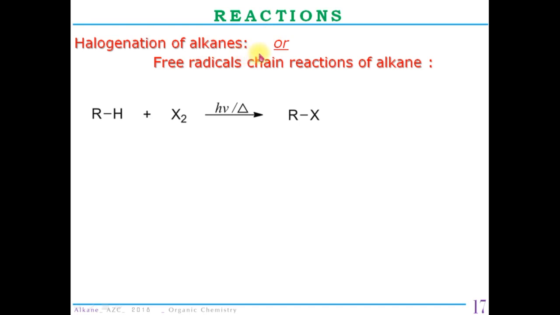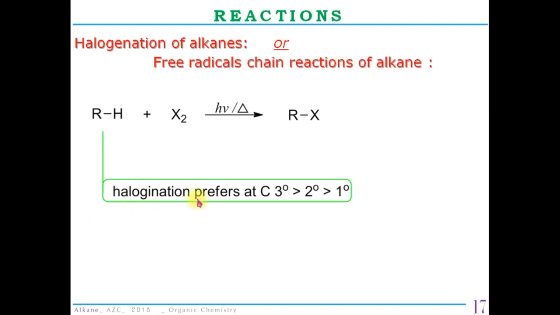Halogenation of alkane, which is also called free radical chain reaction of alkane. Alkane is reacted with halogen which gives alkyl halide. We can use heat or sunlight. The important thing over here is in halogenation the preference for the carbon is tertiary to secondary to primary.